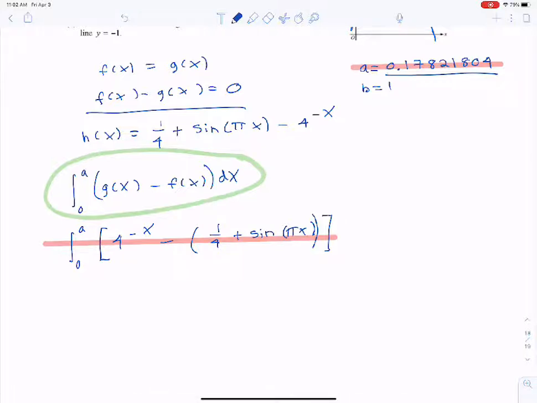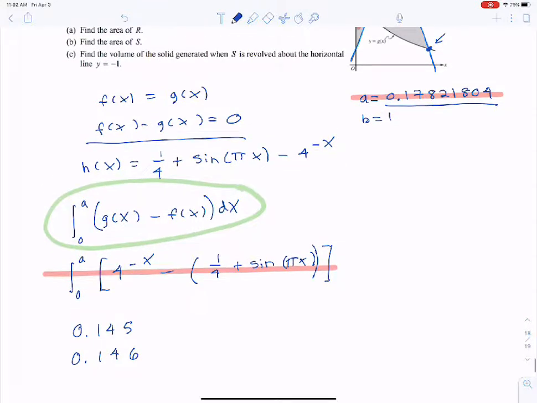Our acceptable answers would be either 0.145 or 0.146. Okay? So in regards to things you would need to show, one more time, you need to show this, let's say this, and one of these. And that's it.